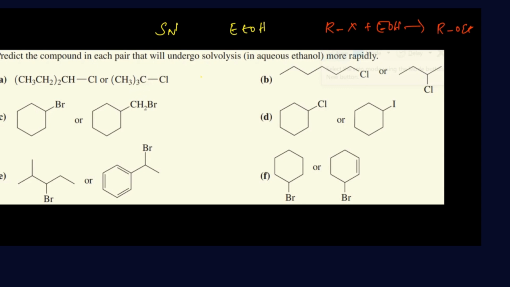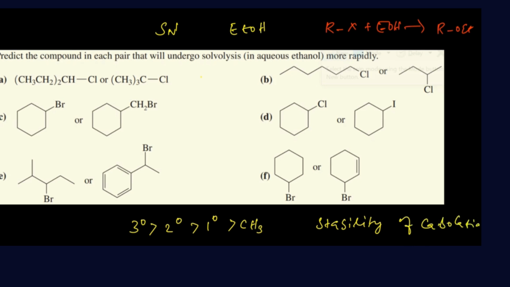Which one will form very easily? The tertiary will go faster than secondary, then primary, then methyl, because of the stability of the carbocation. That is the key step that we should remember.